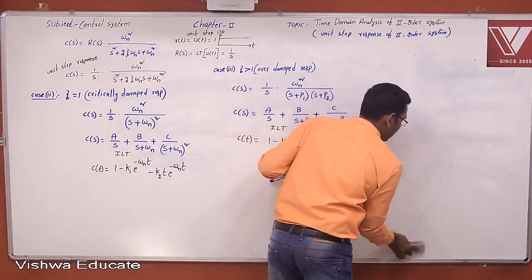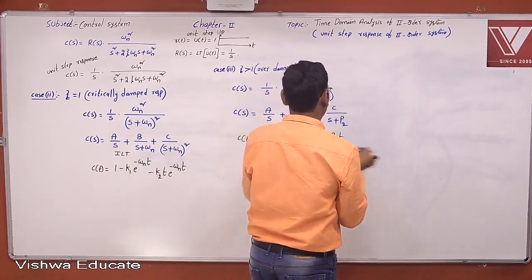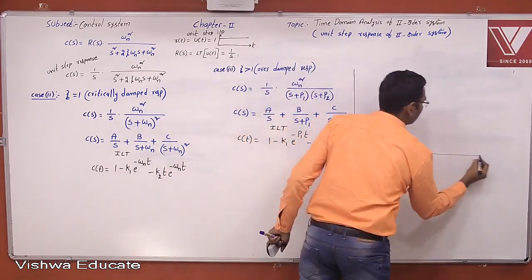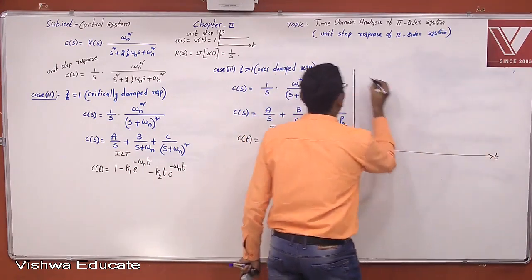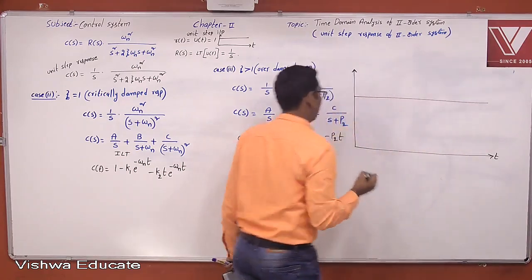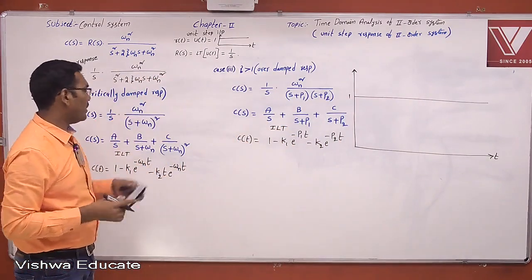Now let's take it here. There is a steady state level, a reference level. This is the critically damped response.